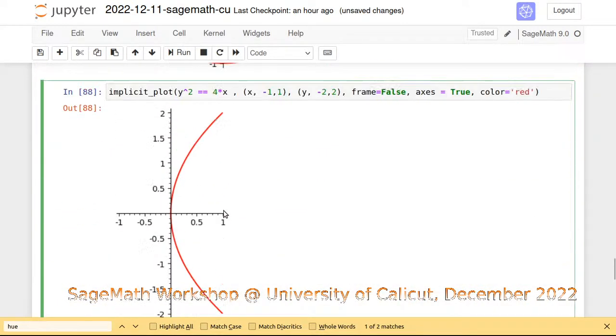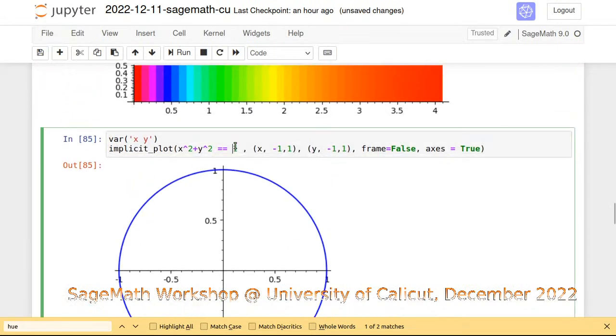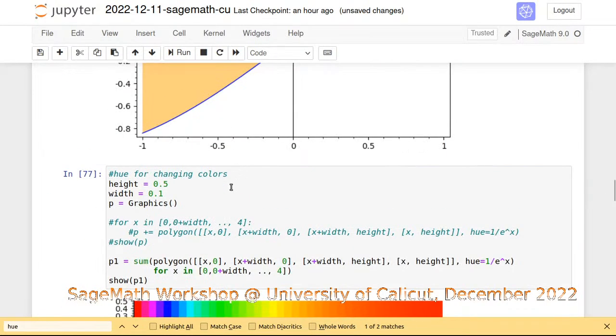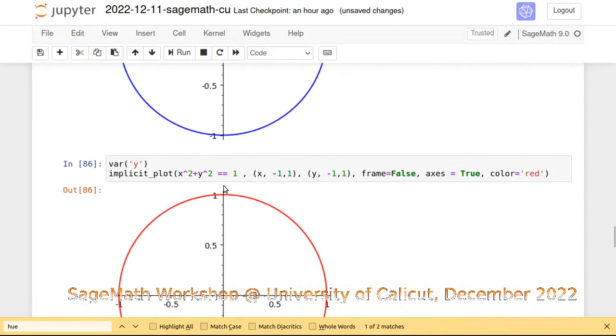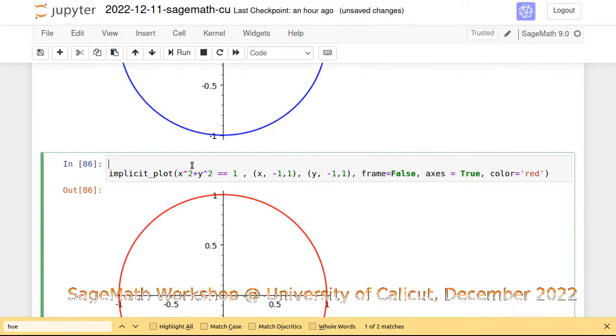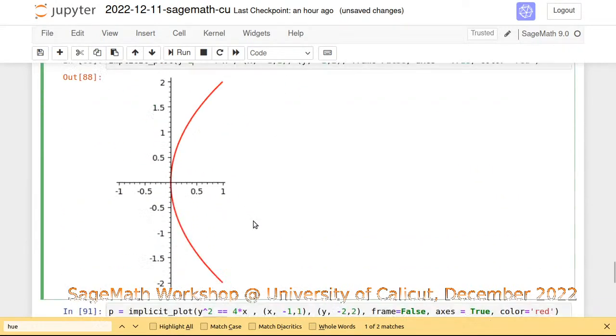Not only the cells coming below, but in the previous cells also, if you want, you can go and modify using y, because once y is defined, it's stored in the memory of Sage. It's available everywhere in that worksheet. So you don't have to define it again and again. Once defined, you can use y anywhere.